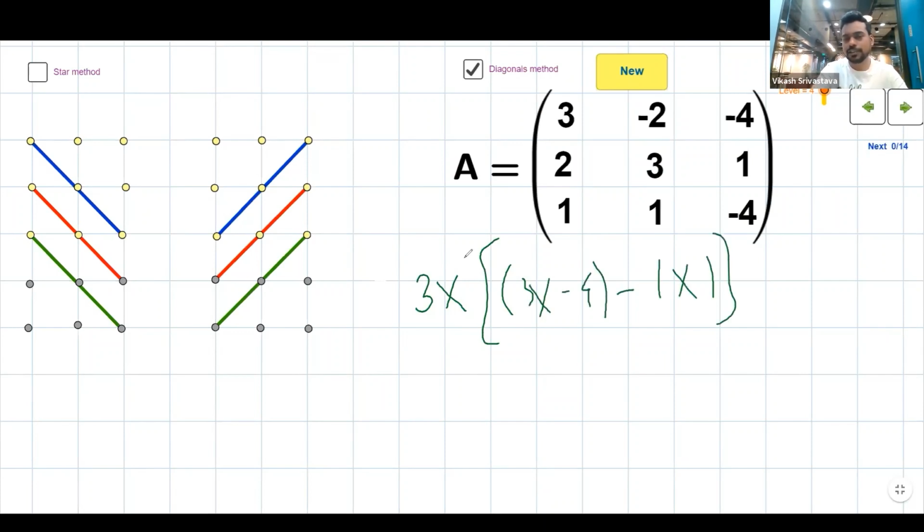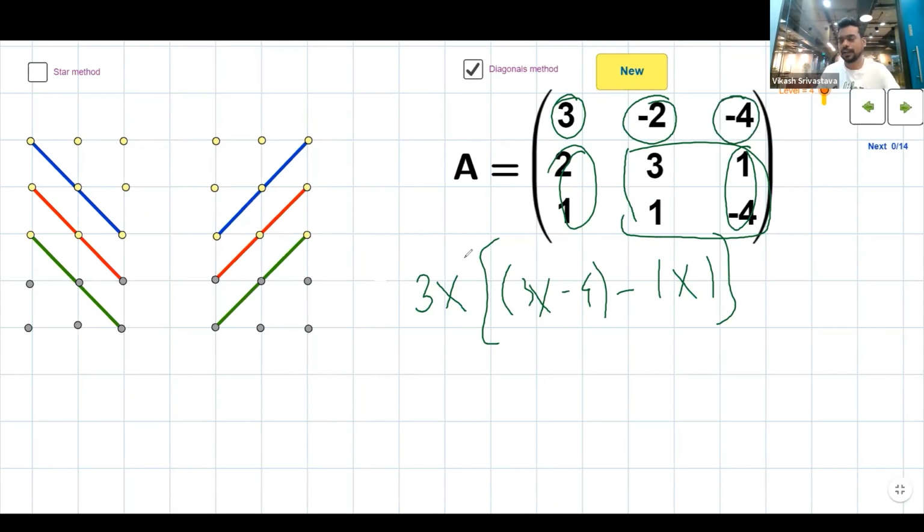Essentially we look at this particular number, multiply it with whatever we get from the remaining numbers. Then you look at the next number and focus on the other two. The third element will be this number multiplied by whatever you get from these four numbers. This you already know from earlier, but let's discuss the diagonals method.